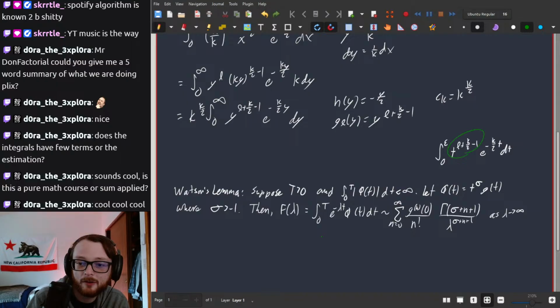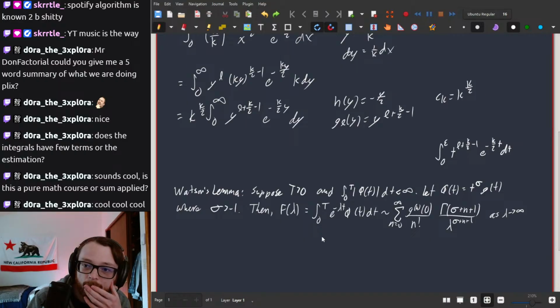Or do I need to split it up? Actually, what if, can phi depend on lambda? Because that's what we have. There's a k here.